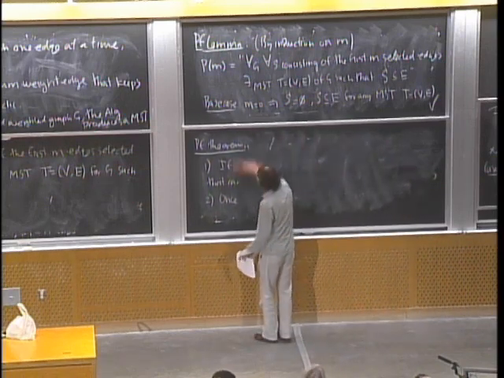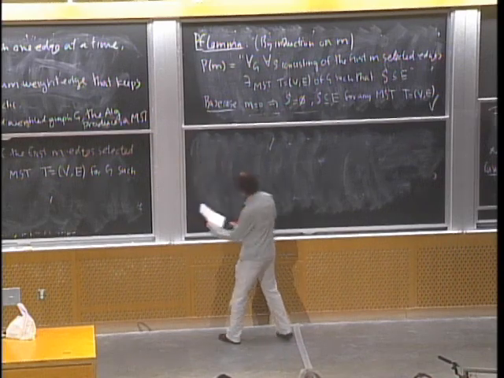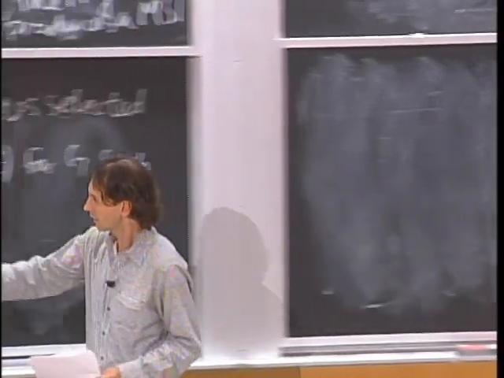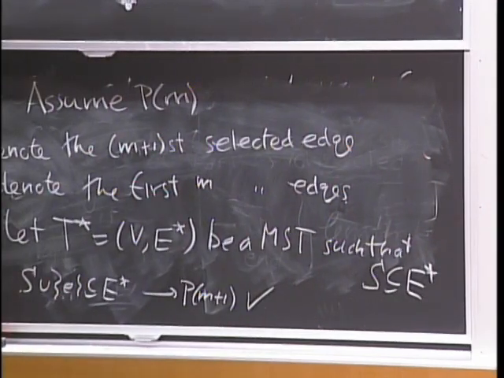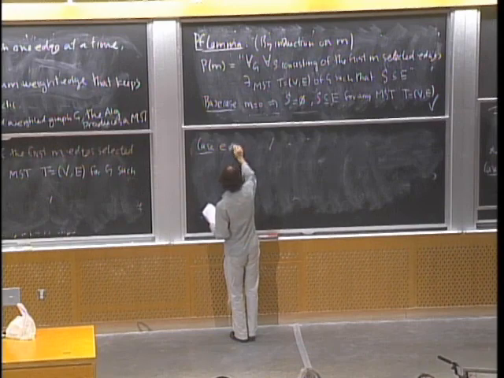So the way to do this is to sort of see how we can use the tree T star and somehow transform it into another tree for this particular case, where we assume that E is not in E star.